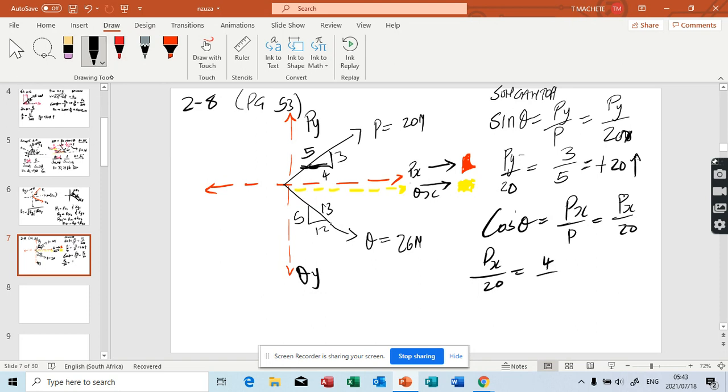Yeah, 4 over 5. And then you'll get something. Yes, that's correct. It's 16 newtons. Is it positive or negative? You need to consider that. Sure, it's going in that direction. Okay, so we are done.